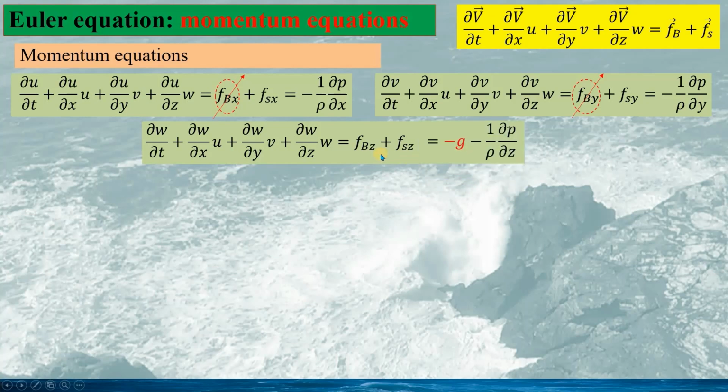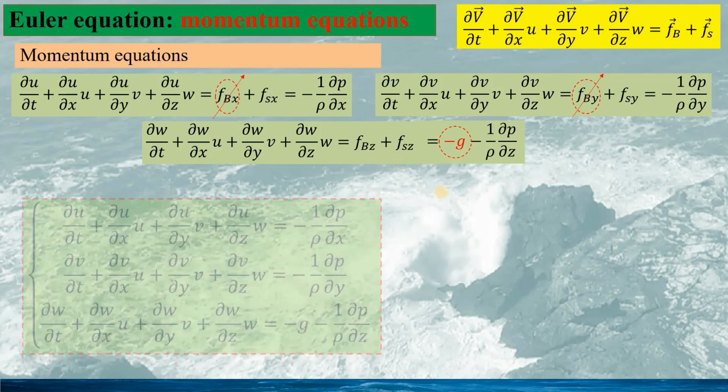And we also put in the fluid gravitational force as the body force and the surface force. So we have the expression as this. Here, minus g is the body force. G is the gravitational acceleration. The minus sign here means the gravitational force is in the opposite direction with the z-axis.